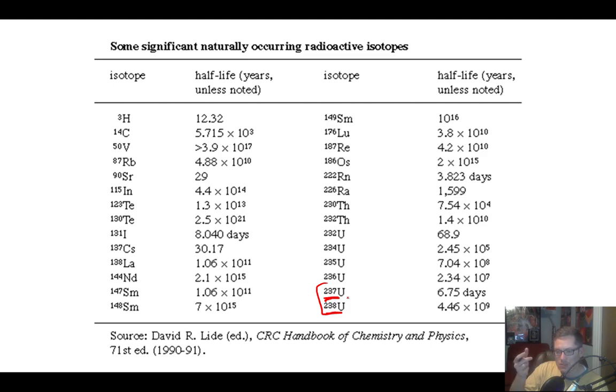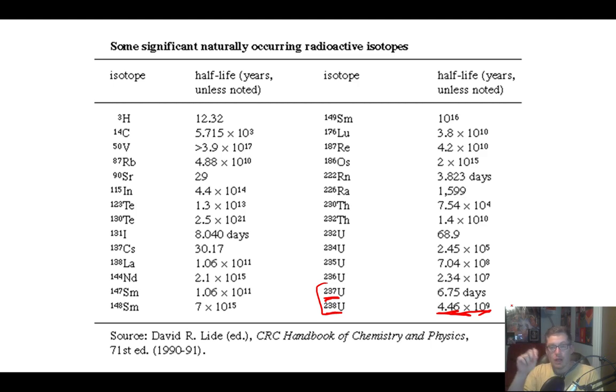The only difference is that uranium-237 has one less neutron than uranium-238. And look how much it affects its half-life. Uranium-238, which we looked at earlier, has a half-life of 4.46 times 10 to the 9th years. That's like 4.5 trillion years. That's its half-life: 4.46 times 10 to the ninth years for half of it to decay.